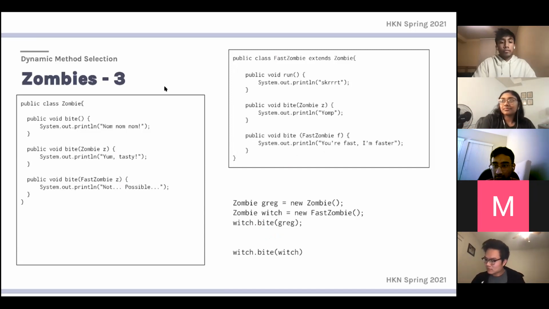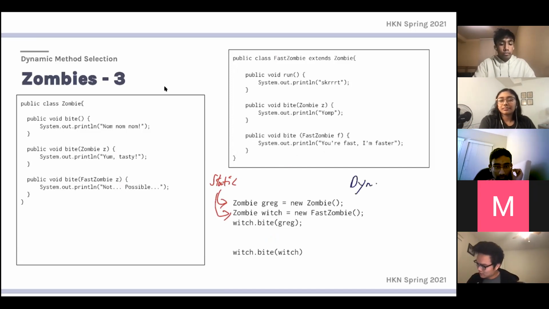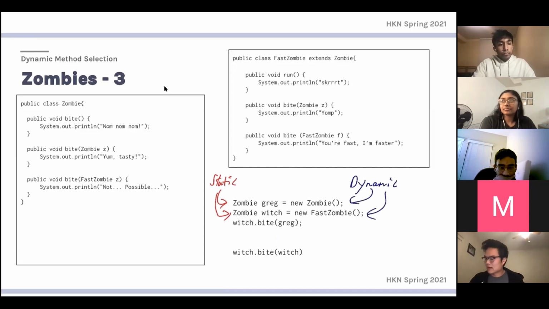During compile time, the static types are Zombie for both, let's say Greg and Witch. Then during runtime, let's call these the dynamic types, the dynamic types are different. So during compile time, this is the static type: Witch is static type Zombie, Greg is static type Zombie.